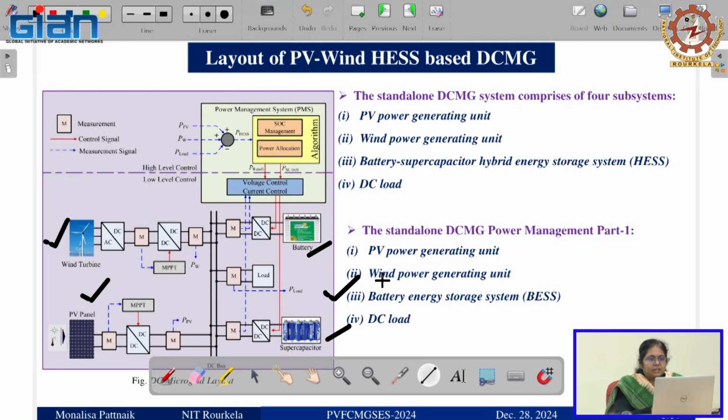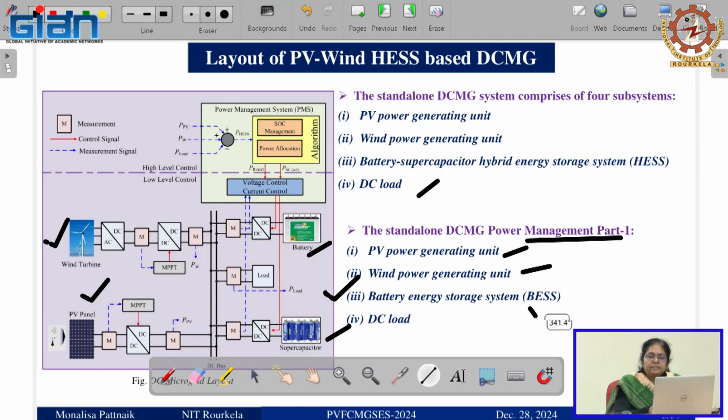This is our starting point where the whole system is given, with mainly 3 subunits supplying a DC load. But in today's lecture I will talk about PV integrated with wind and having a single storage system, and how it will be implemented in a laboratory environment.